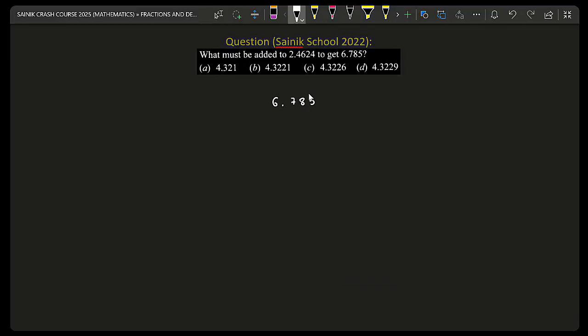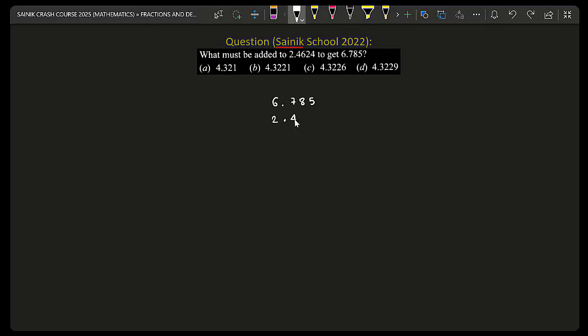Here I should write 2. And 8 below 2. 6 is 6. Here I should write 2. Yes, the decimal points are matching in the same column now. That we should take care.